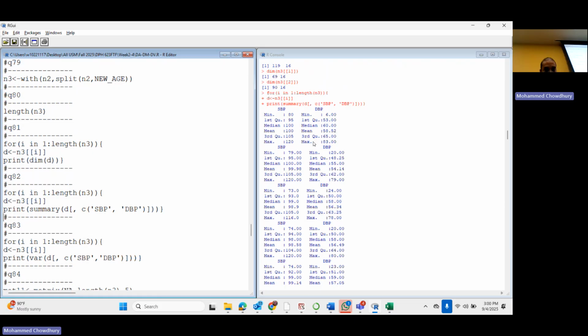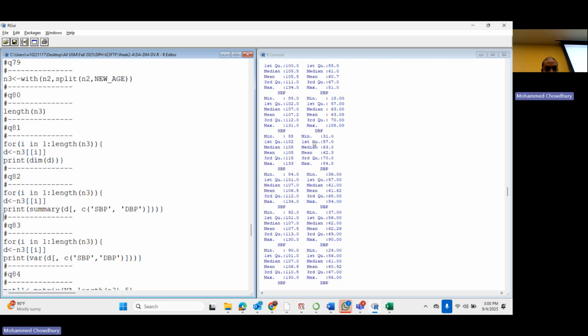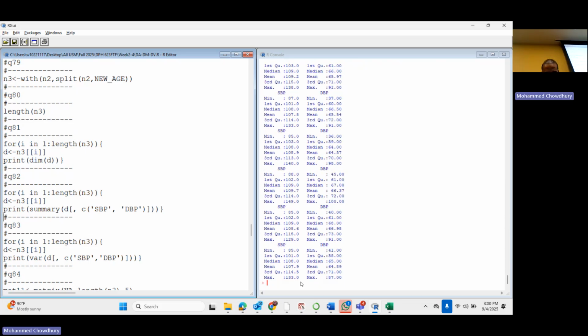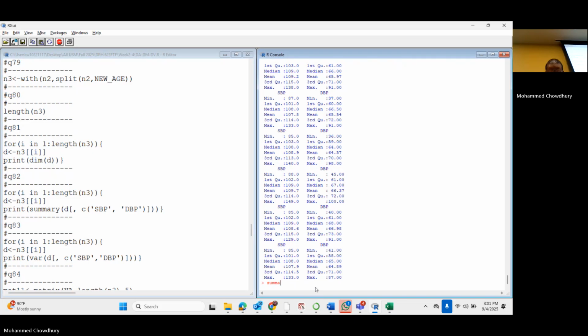So if you want to check whether this looping is working or not, I want to show you something. You can write summary, and then N3[1], and then I want to put here dollar sign SBP.